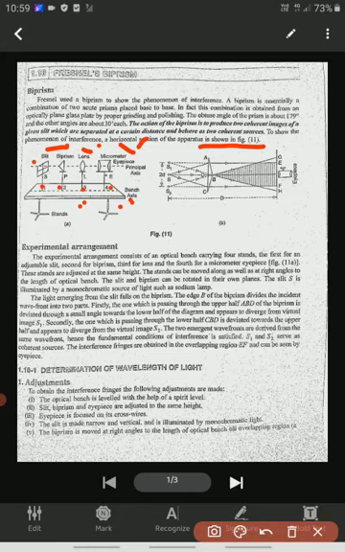All these stands are maintained at the same height.